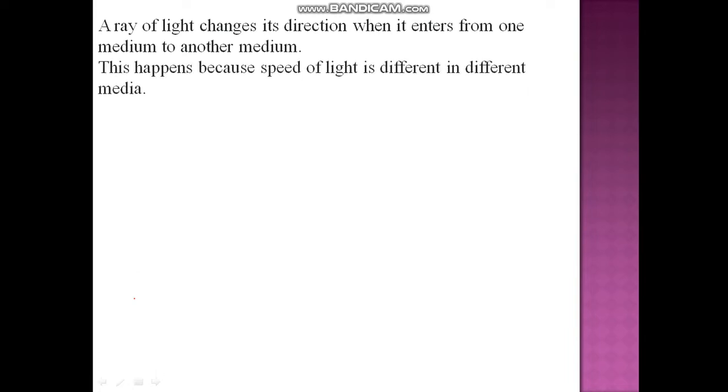Now a ray of light changes its direction when it enters from one medium to another medium. And why did this happen? This happened because the speed of light is different in different media.